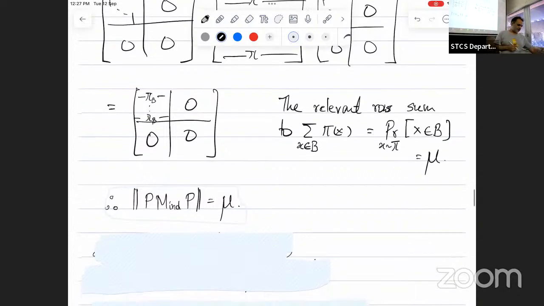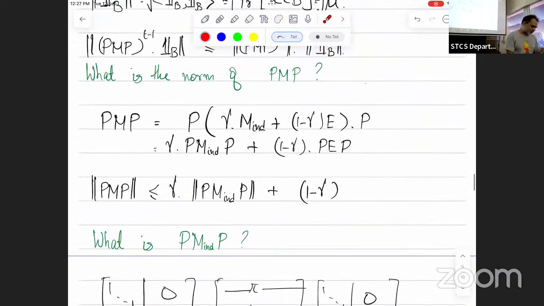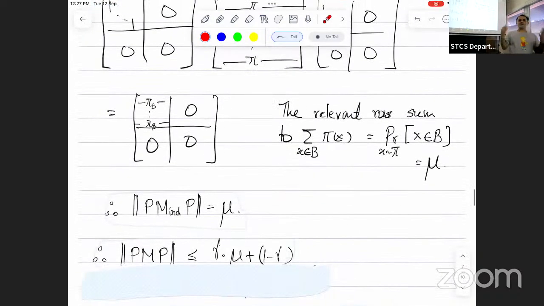Now let's put everything together. What does this say? We were interested in the norm of PMP. And what did we say above? The norm of PMP is gamma times this norm plus 1 minus gamma. And we just discovered that this norm is mu. So that is at most gamma times mu plus 1 minus gamma.